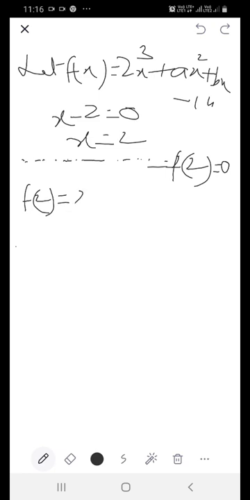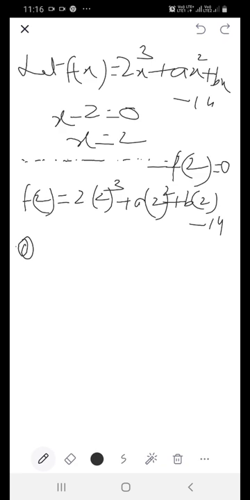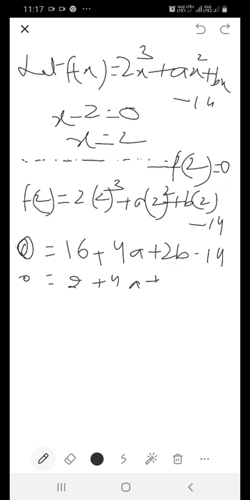It will be 2 into 2 cube plus a into 2 square plus b into 2 minus 14. And the value of f(2) is 0. 0 is equal to 16 plus 4a plus 2b minus 14. 0 is equal to, 16 minus 14 is 2, 2 plus 4a plus 2b.